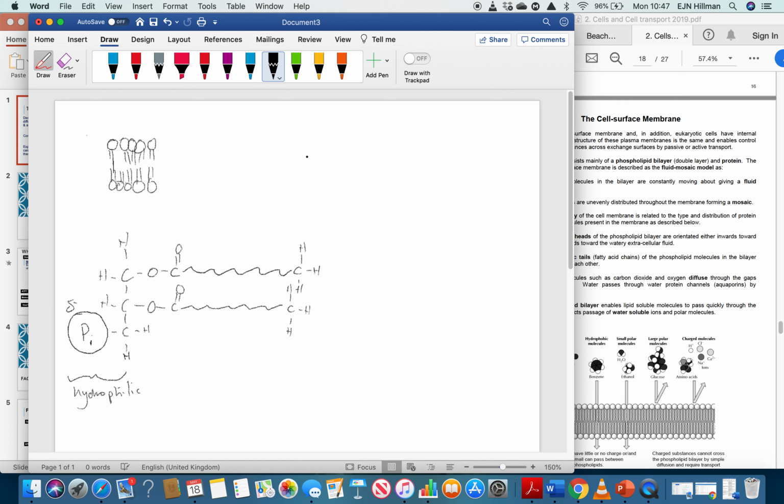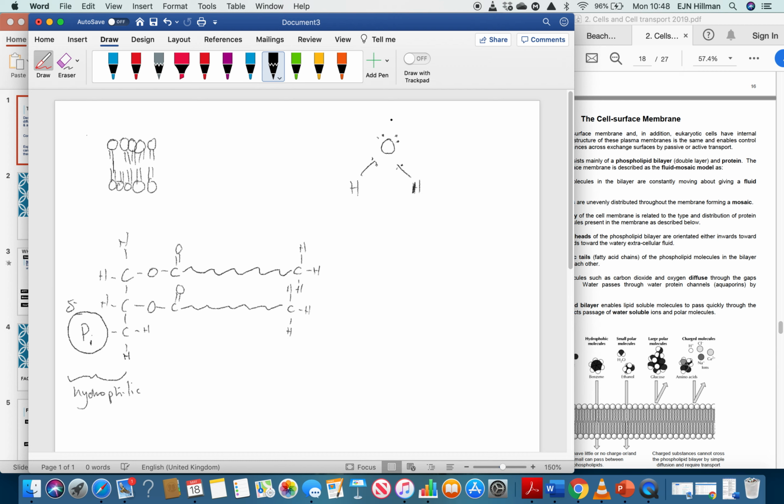Because we know also another really important molecule when we think about this is water. Water has a structure something like this. It's got a couple of spare pairs of electrons up there, and oxygen is electronegative, so it has a pull on this pair of electrons that's shared between the oxygen and the hydrogen.